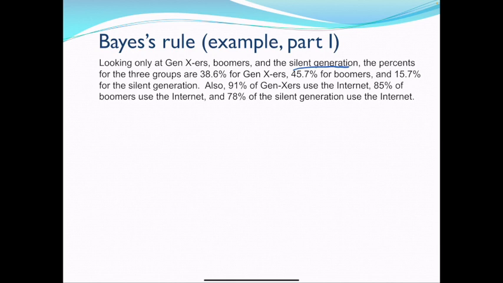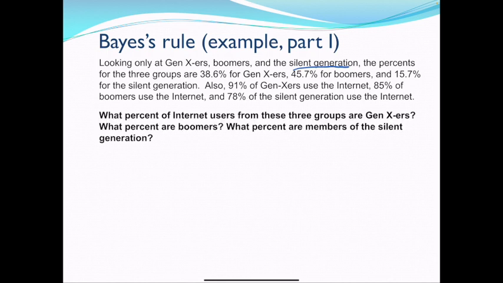That's going to add up to 100. Also, 91% of Gen Xers use the internet, 85% of boomers use the internet, and 78% of the silent generation use the internet. So I want to figure out what percent of internet users from these three groups are Gen Xers, what percent are boomers, and what percent are the silent generation.